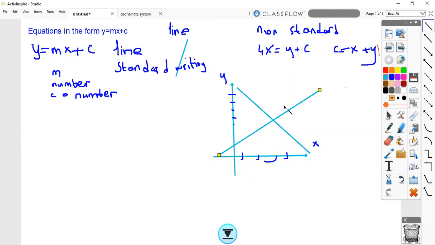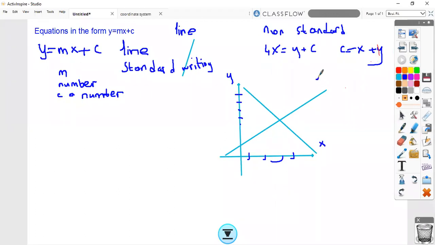Now here they have the equation, both of them, y is equal to, let's say, mx plus c, and this one, y is equal to minus mx plus c. Do you see here m can be plus or minus? No problem. We said any number.